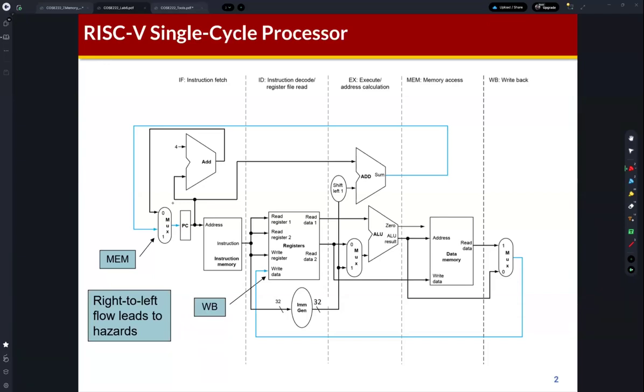You can start from the single cycle processor design, as I mentioned. I provide the RTL code, the SystemVerilog file for the single cycle processor design.